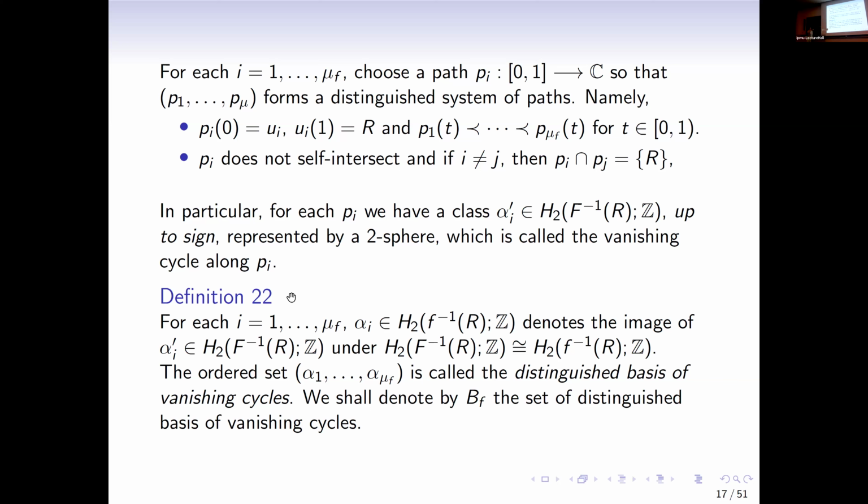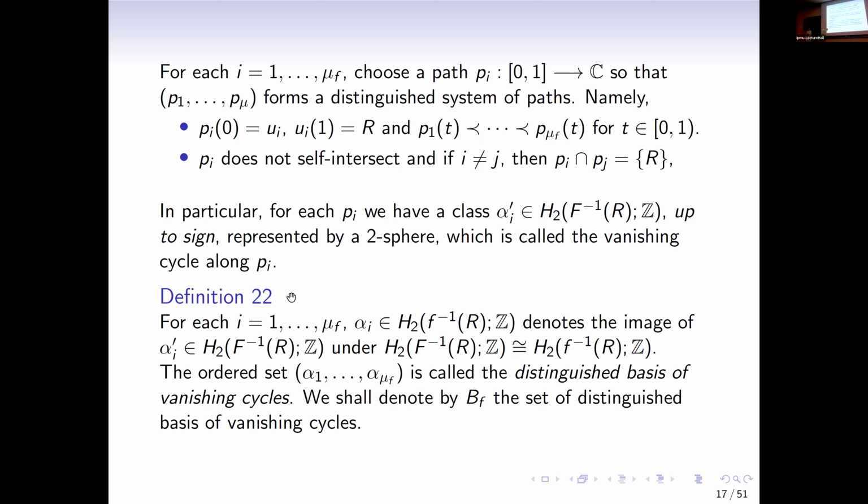Then to each path, we can associate a vanishing cycle. The point is that it is defined up to sign. But anyway, it is a homology class represented by a two-sphere, which is called the vanishing cycle along the path.